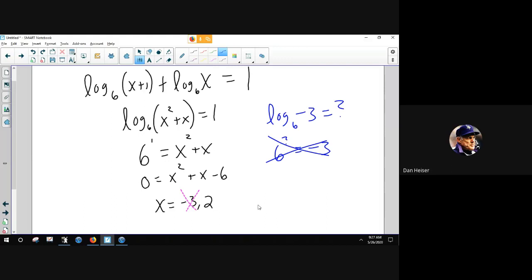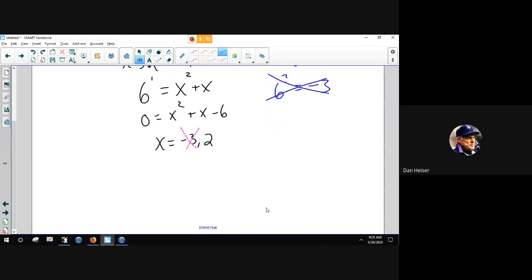So when you are solving logarithmic equations, be careful, be aware of things that will give you a negative value. Now, that does not mean you automatically throw away negative numbers.